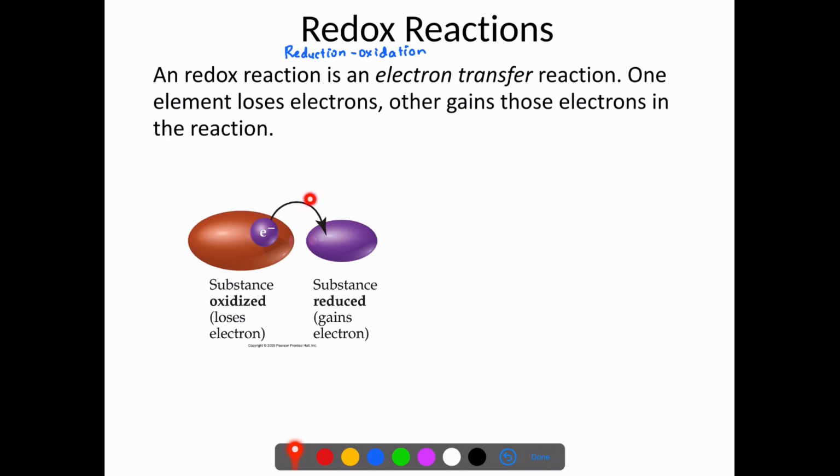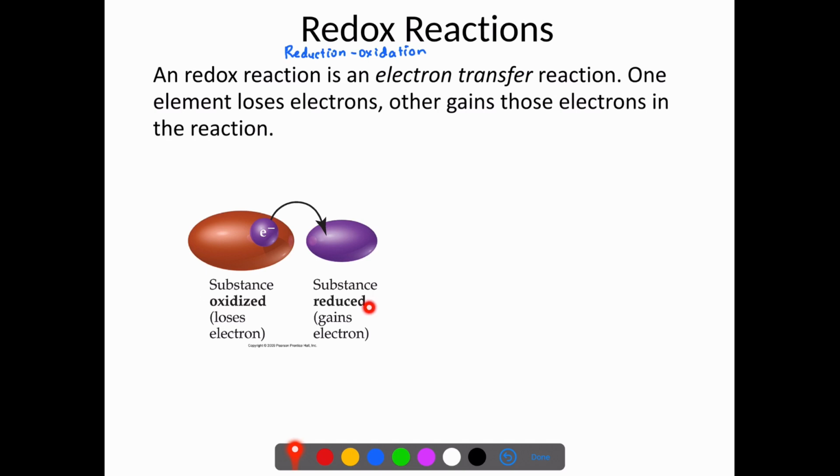One substance is losing electrons and the other gaining electrons. And we use some terminology here. The substance that has lost an electron, we say it is oxidized, or we can also say this substance is undergoing oxidation.